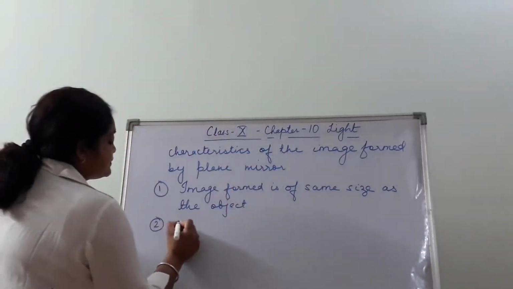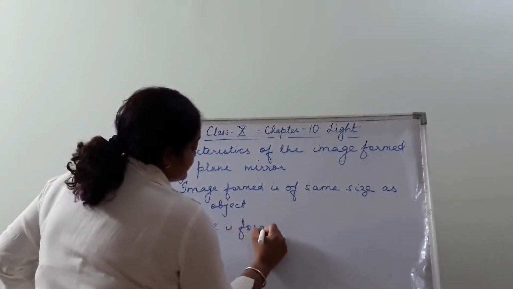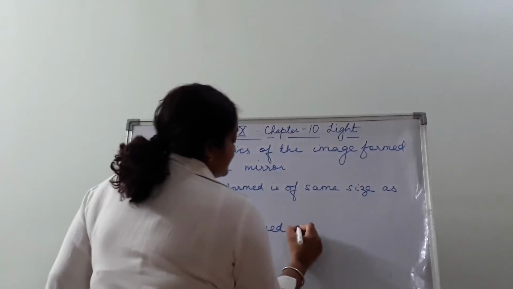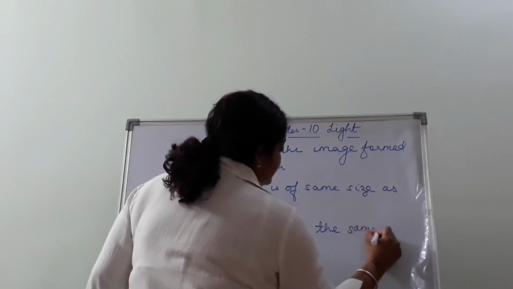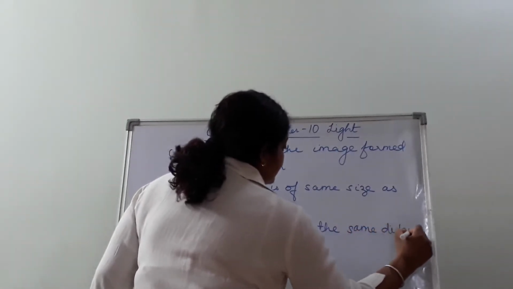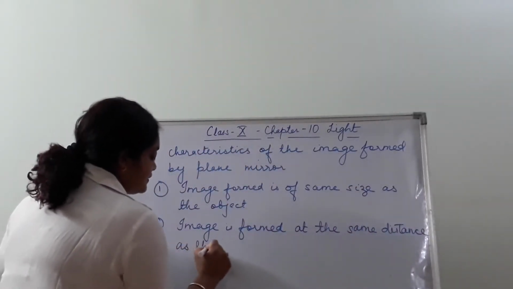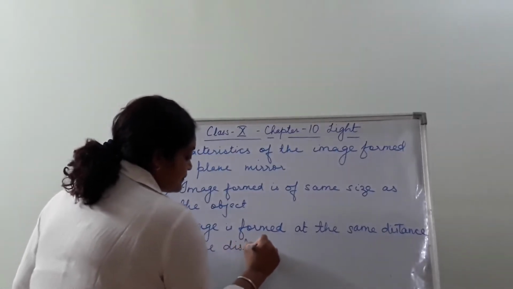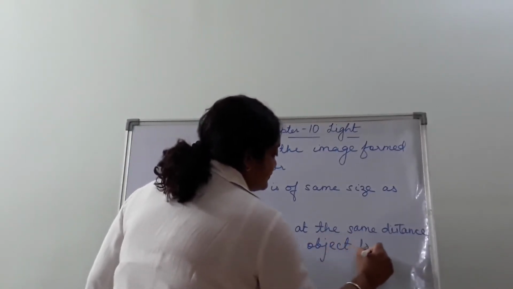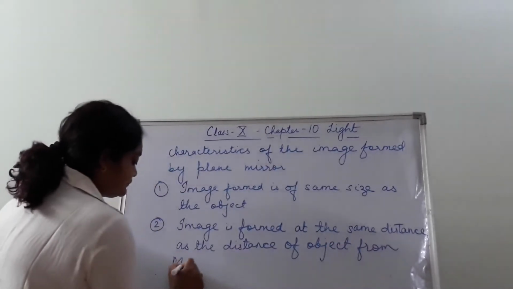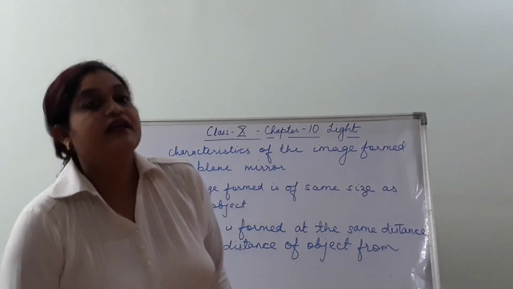So the image is formed at the same distance as the distance of the object from the mirror. These are two properties.